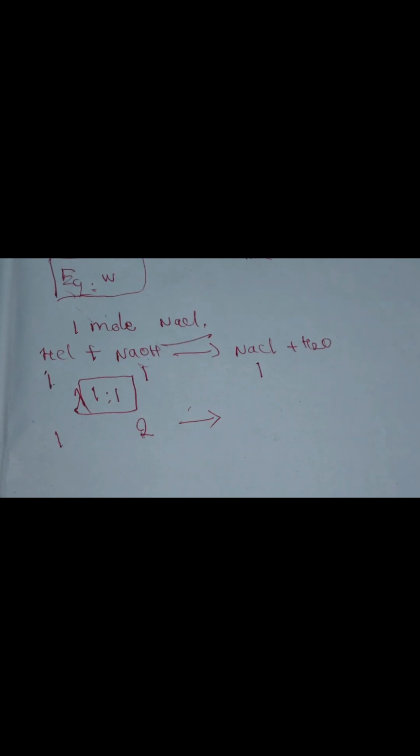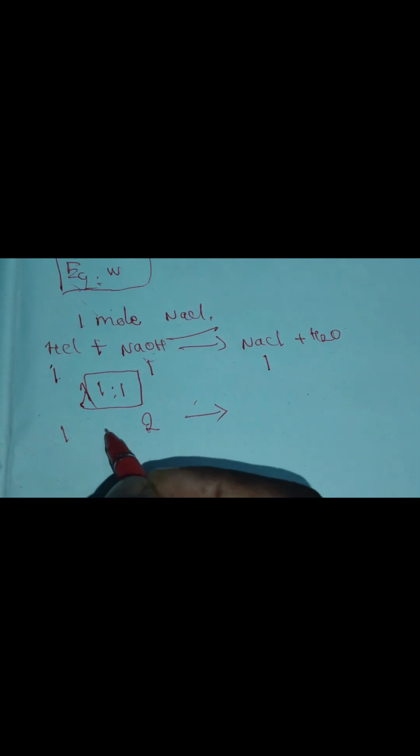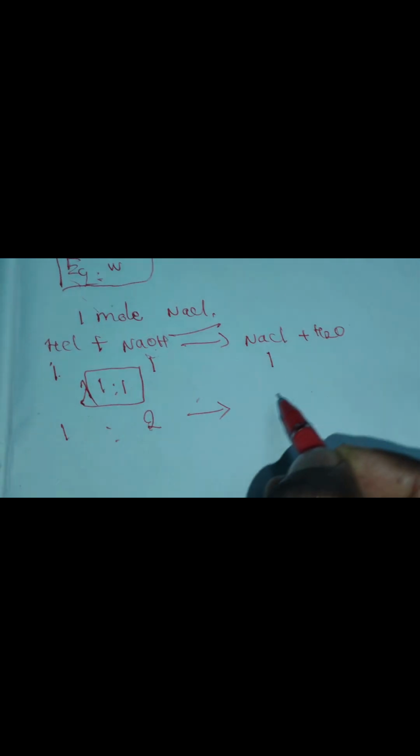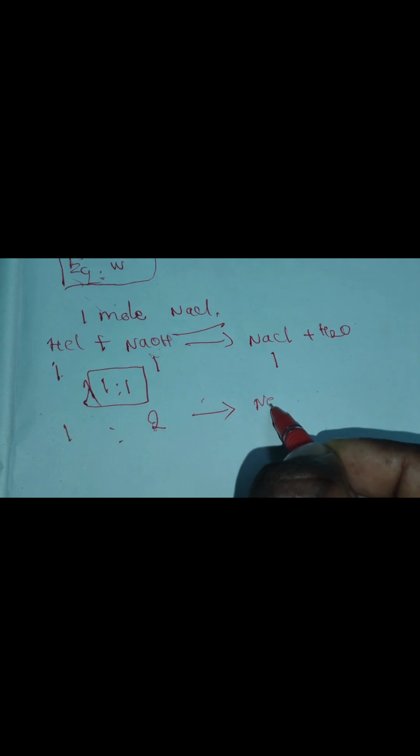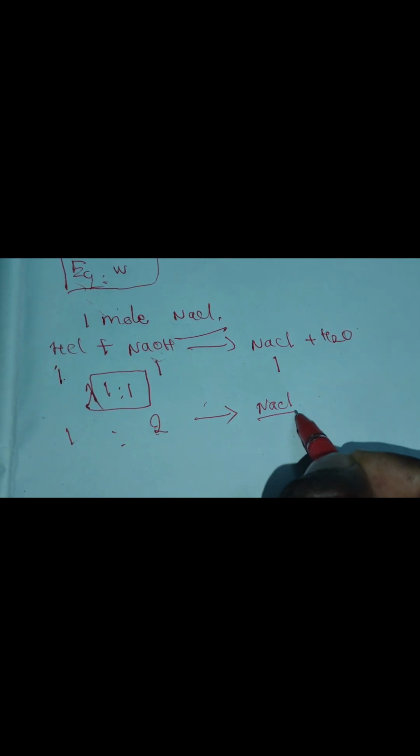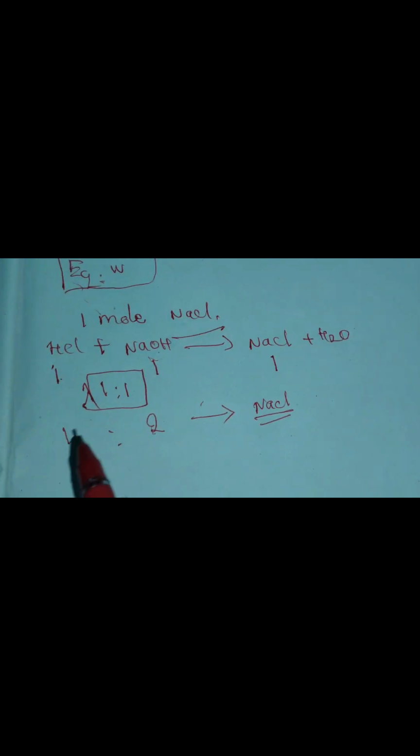That's why it is called the limiting reagent. With the 1:2 ratio, only 1 mole of sodium chloride is a possible product, but 2 moles is not possible. So in HCl, the equivalent of base is 1 mole.